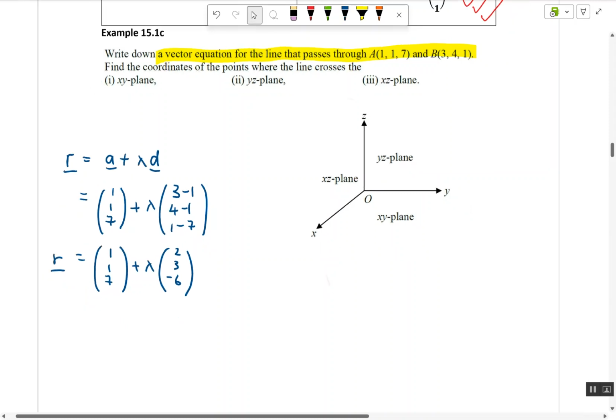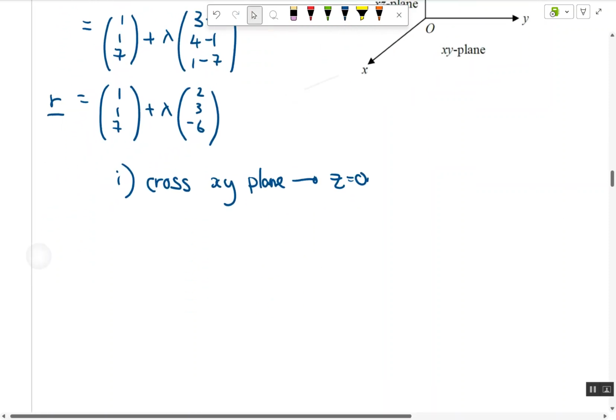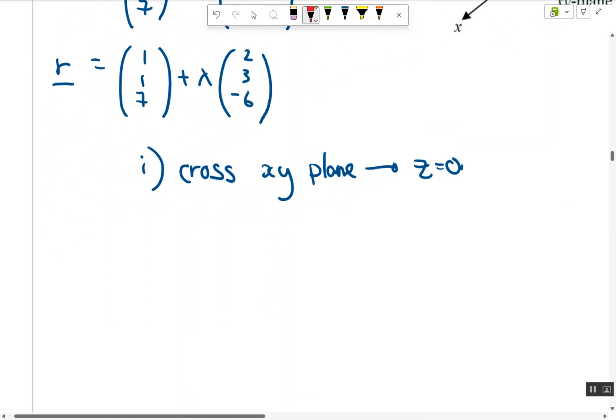For part 1, when it crosses the xy plane, it means that z equals 0. Again, r means (x, y, z), a point on the line or on the plane.